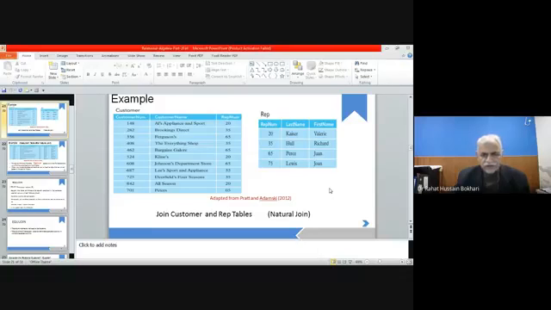And furthermore, we have to discard the rows in which the rep number of the rep table and the rep number of the customer table are not equal. So you have to see that.